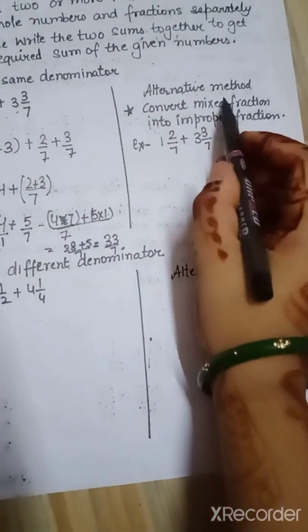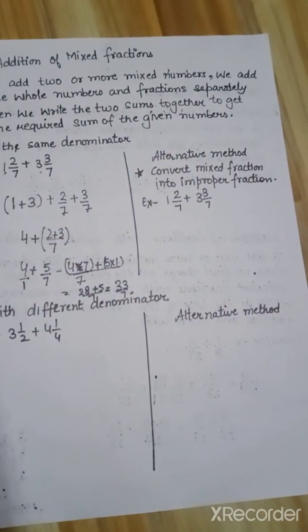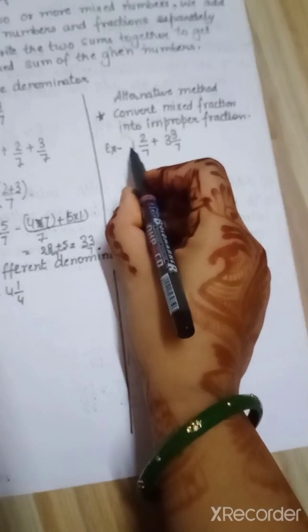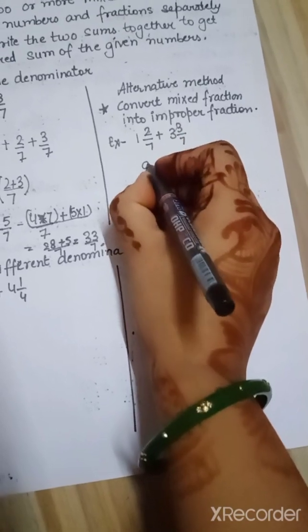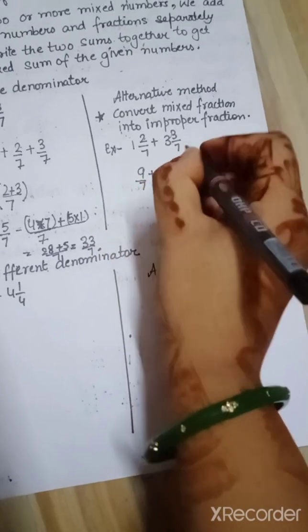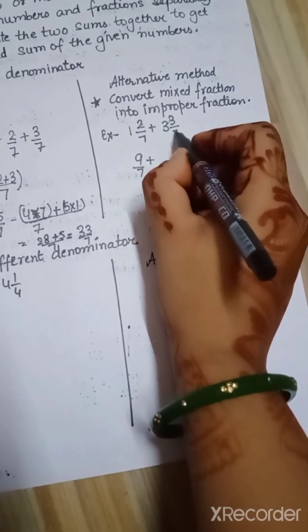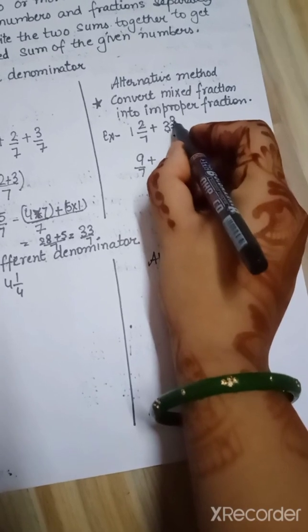Now there is an alternative method also. We will convert the mixed fraction into an improper fraction. How will we convert? 7 times 1 is 7, then I will add 2 to it. It will become 9 upon 7. Now this 3 by 7: 7 times 3 is 21. I will multiply 7 and 3 to get 21, then add 3 to it.